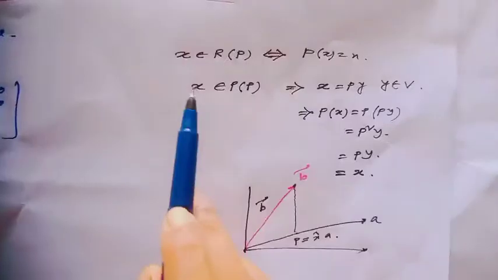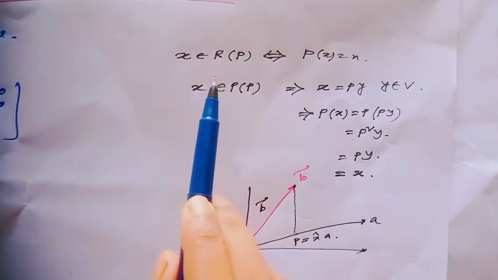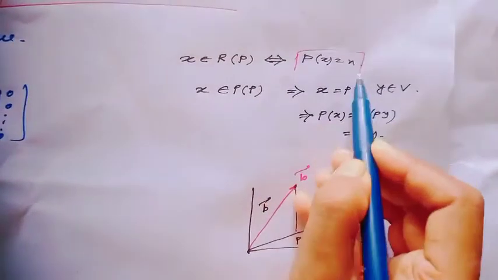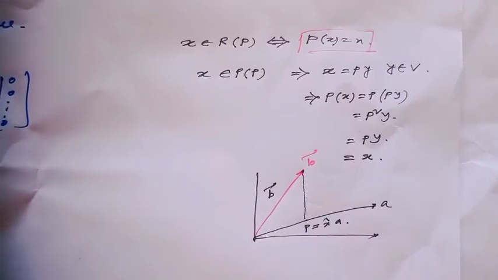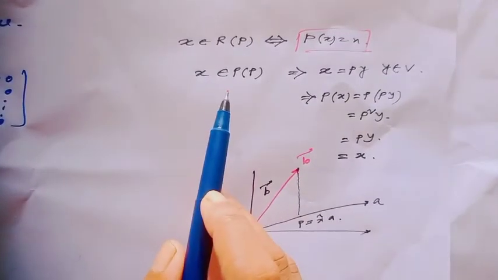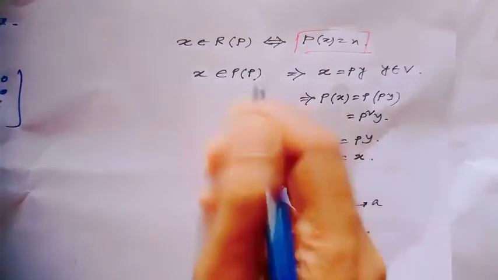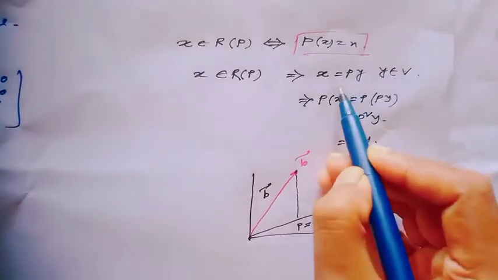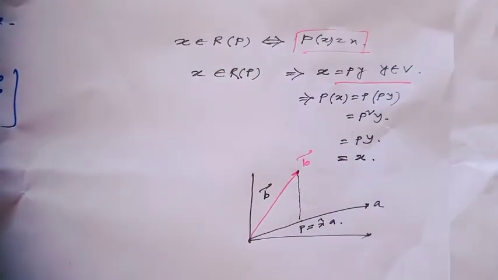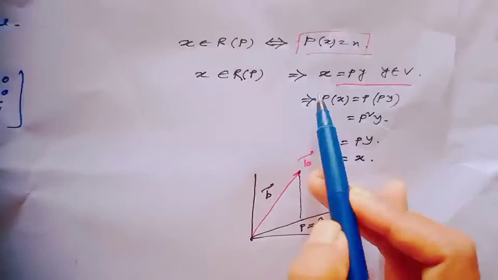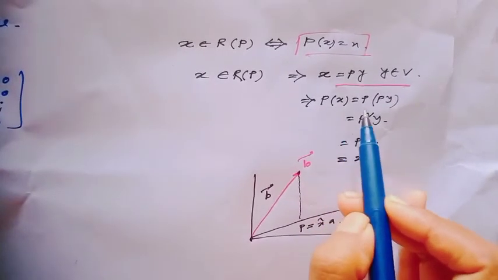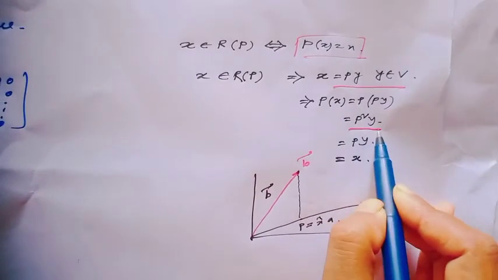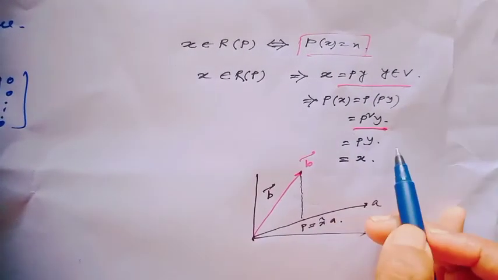Let's see the proof. Our first proof is: x belongs to the range of P implies Px equals x. The proof is of this type: x belongs to the range of P. That means obviously x equals Py, where y belongs to the vector space. Now apply P to both sides, then Px equals P times Py, which is P square y.